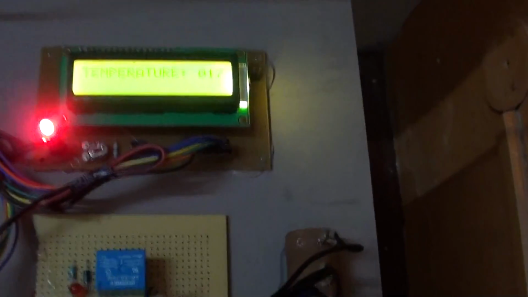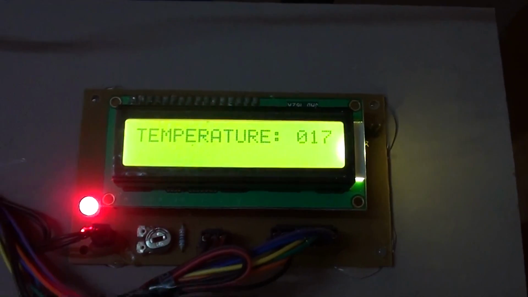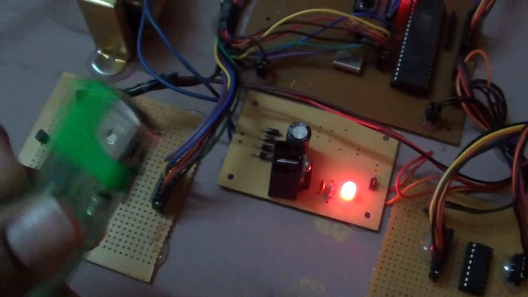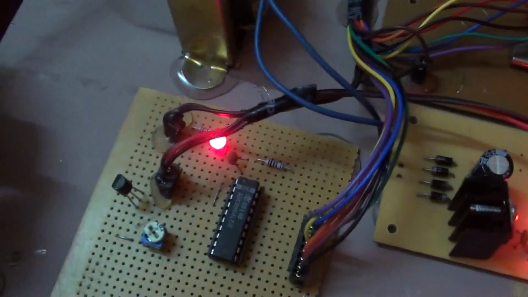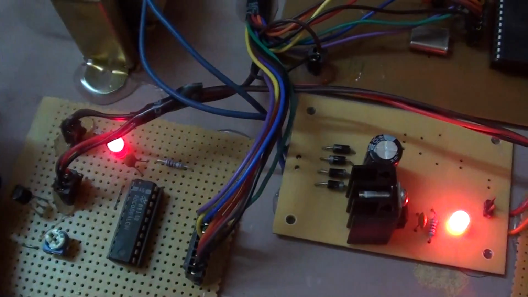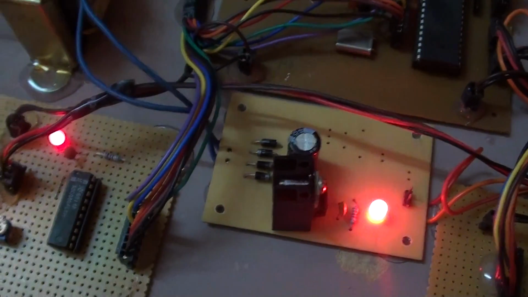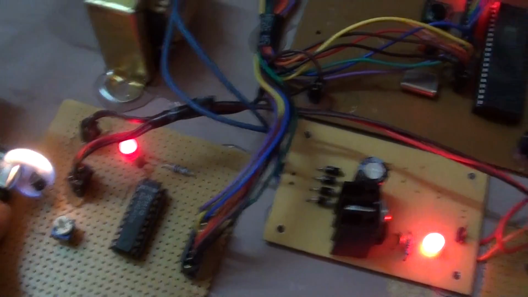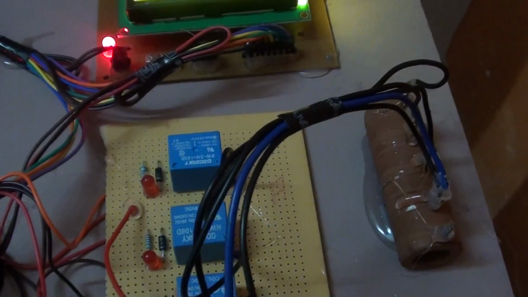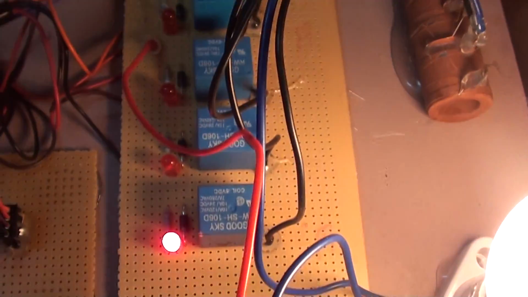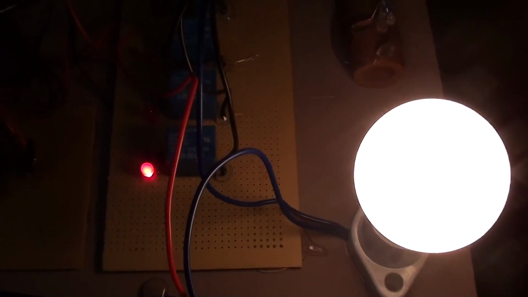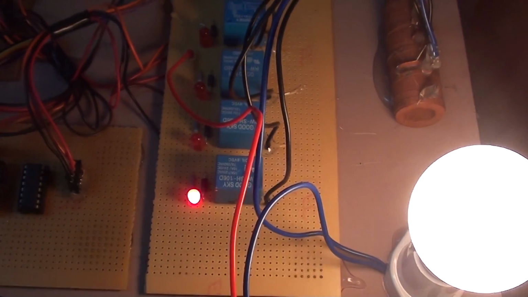Initially the temperature is, you can see here, 17 degrees. Now I am using this lighter, I am switching it on, and increasing the intensity. You can observe here, the intensity is more, so the LED is on. That means the load is on.